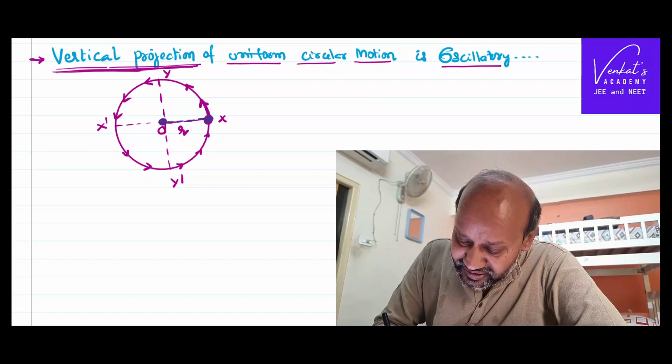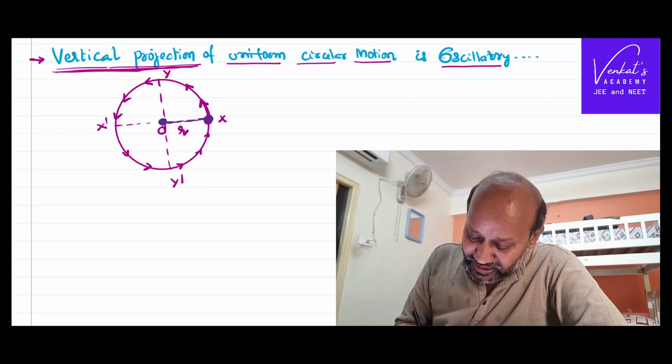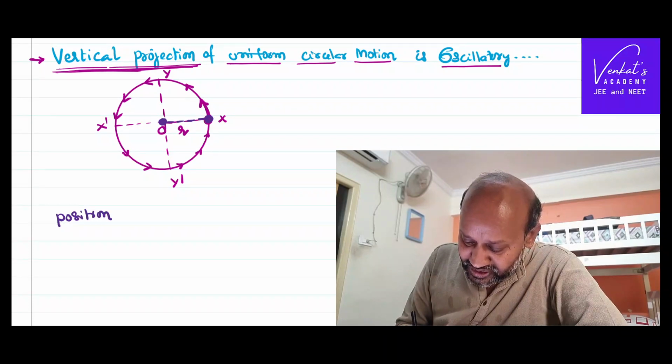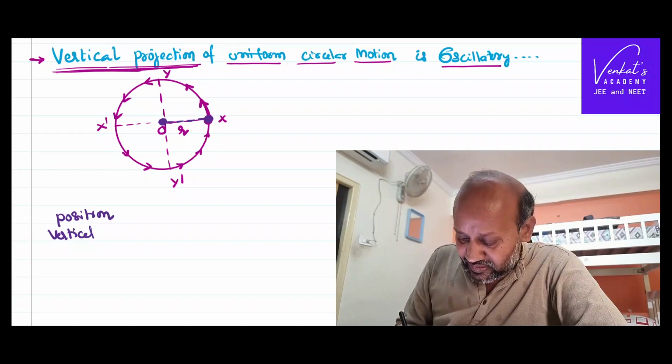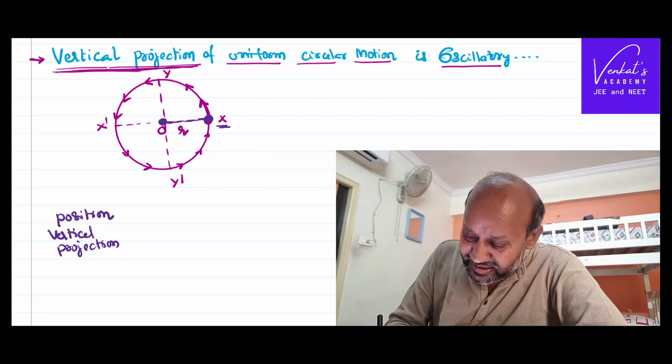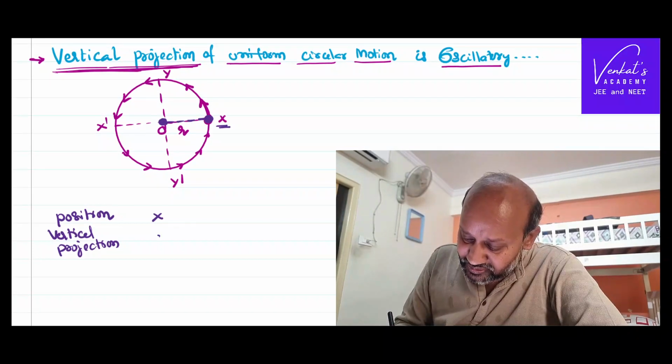Where is it? It is at a point O. So when the body is at x, its vertical projection comes to a point O.